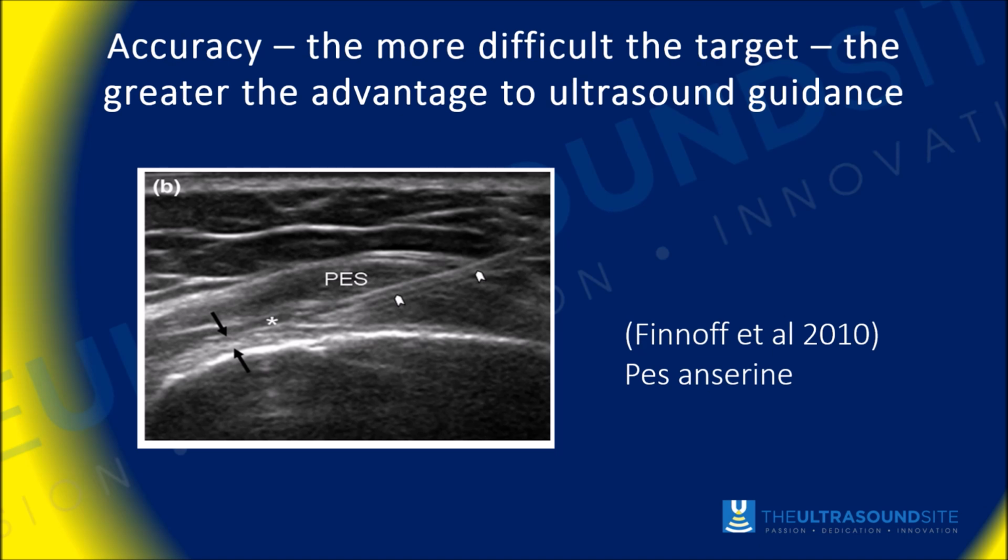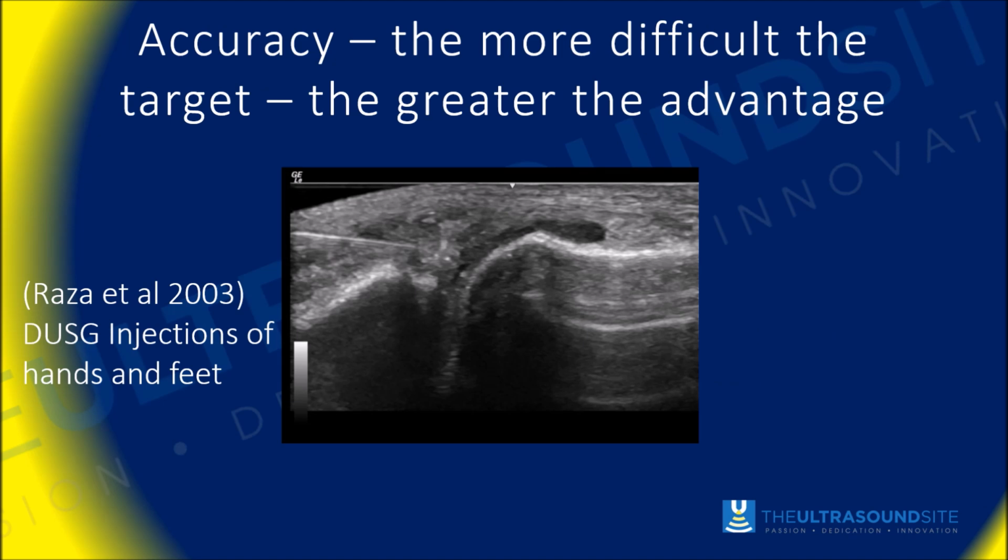There was a very significant difference shown, Finoff et al. 2010, ultrasound guided versus surface marked. Equally, injecting into some of the smaller joints around the hands and feet also showed a very significant differential between guided versus unguided procedures. So there is evidence, if you like, of a correlation between the difficulty of the procedure and the advantage we get from ultrasound guidance.